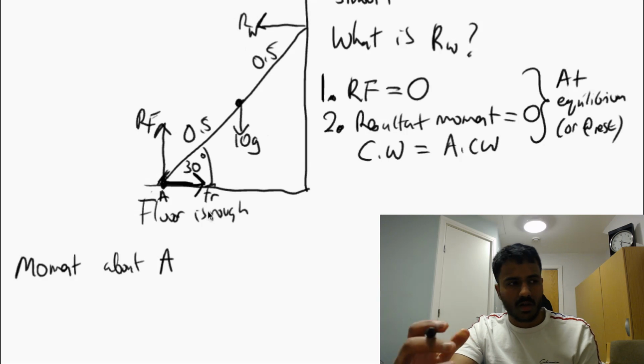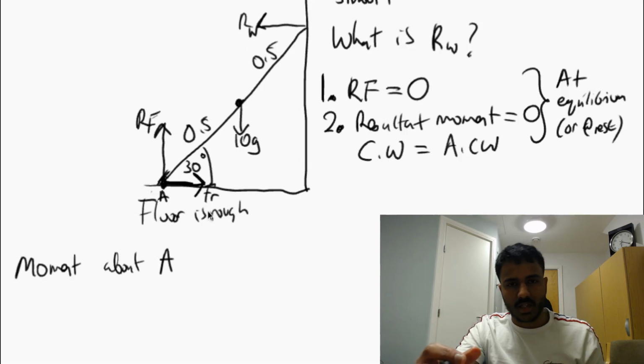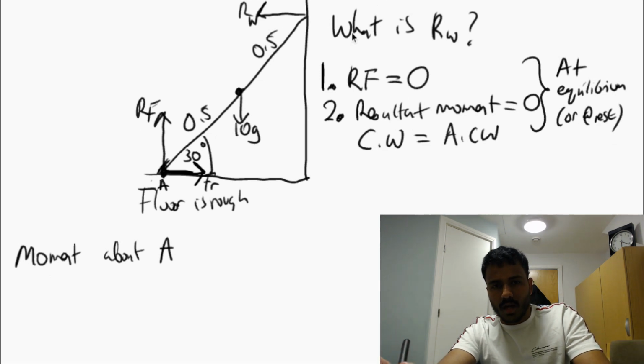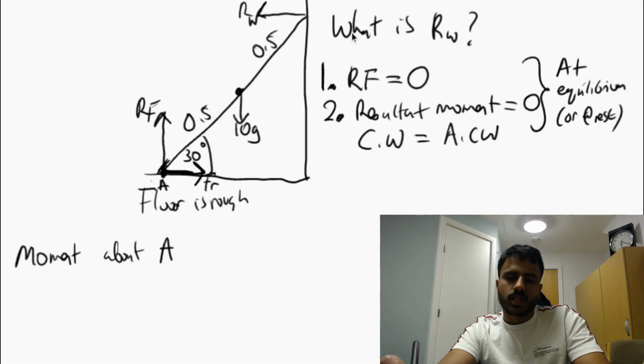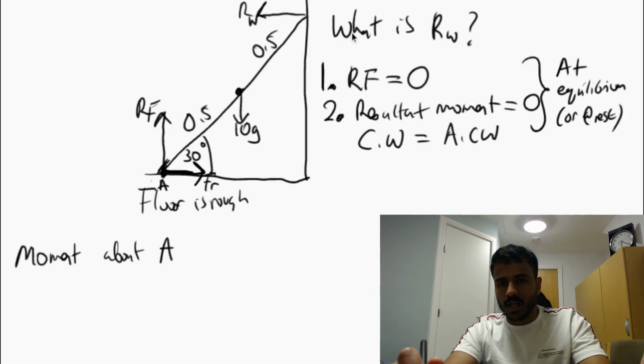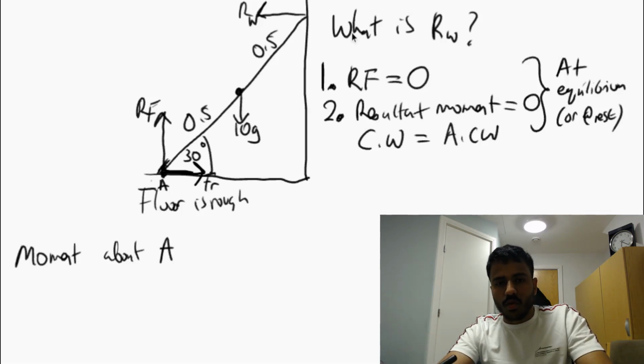So again, we do our normal thing of calculating the anti-clockwise moment and the clockwise moment. We know that moment is defined by the force acting on the body times the perpendicular distance. So if we were to calculate the moment from the reaction force from the wall, we either need to find the perpendicular distance from the point to the force, or we have to resolve the force such that it is perpendicular to the distance.